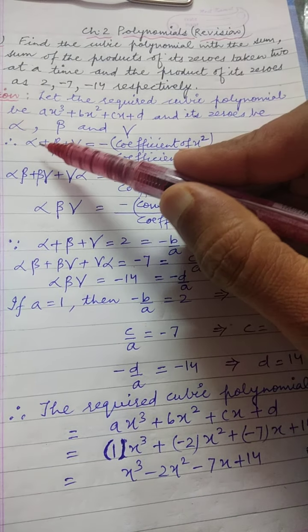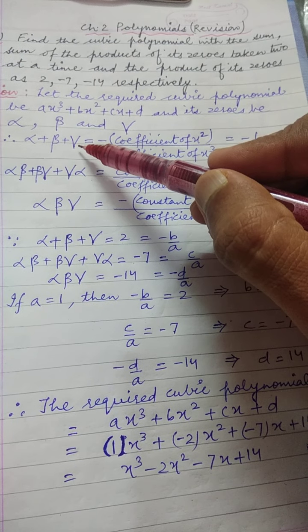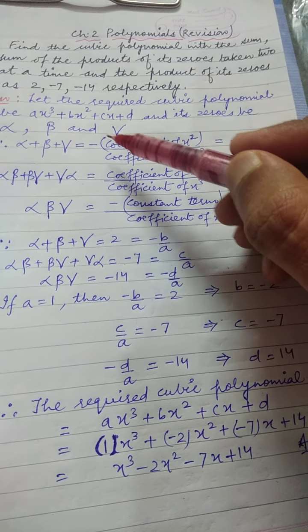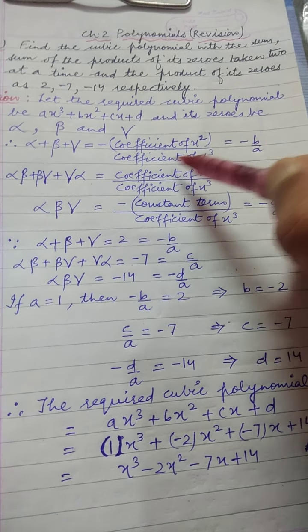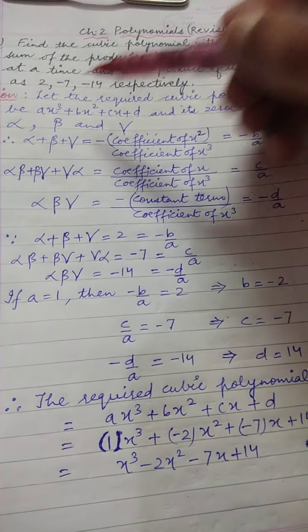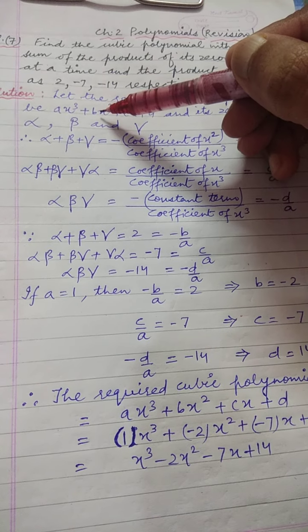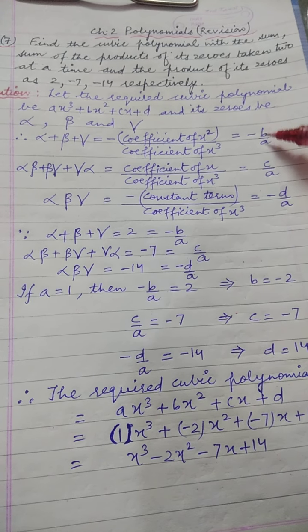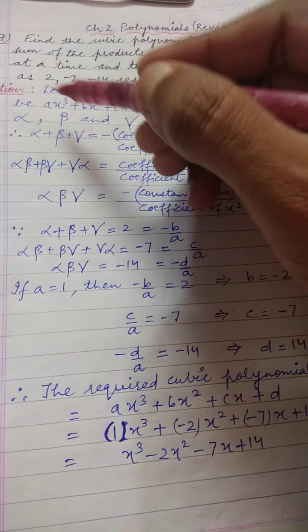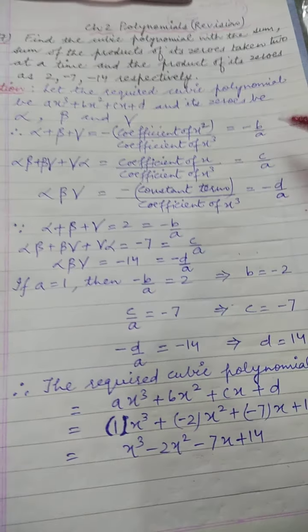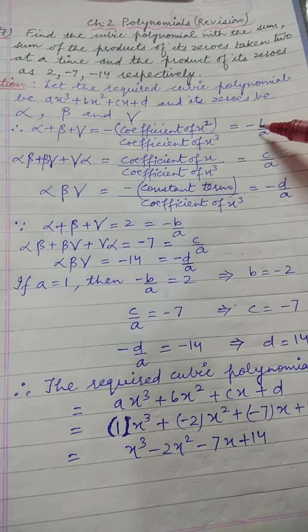Sum of the zeros, that is alpha plus beta plus gamma, is equal to minus coefficient of x square whole upon coefficient of x cube. In this, the coefficient of x square is b, so we will write minus b upon coefficient of x cube, and in this the coefficient of x cube is a, so we get sum of the zeros as minus b by a.